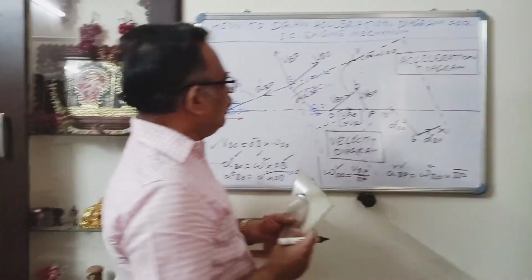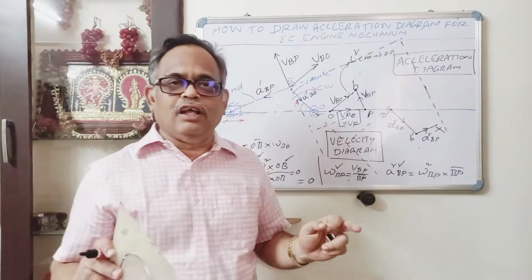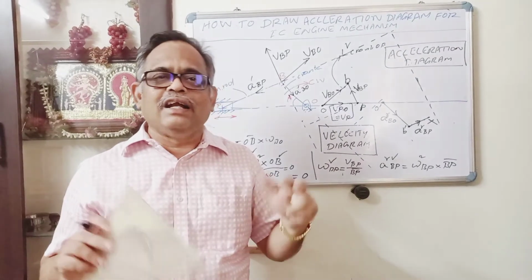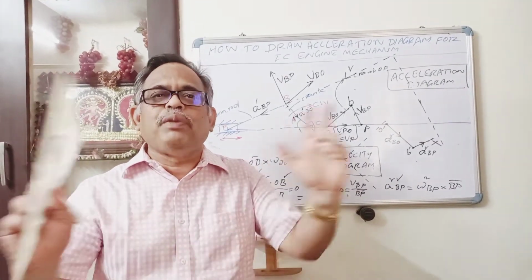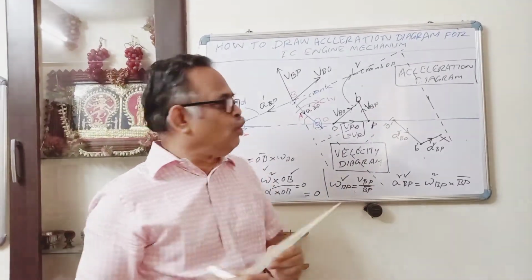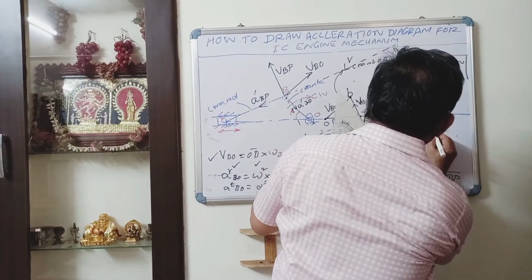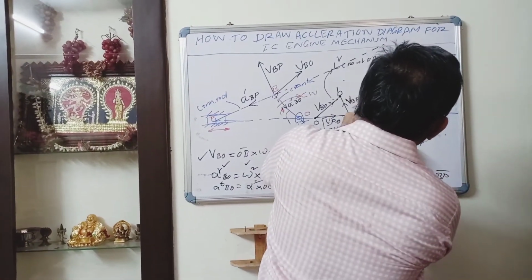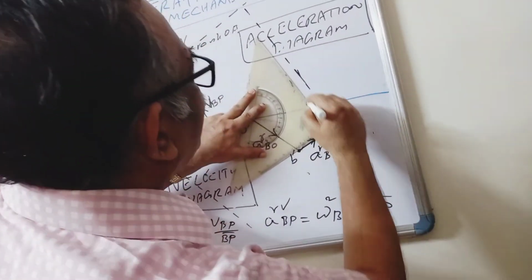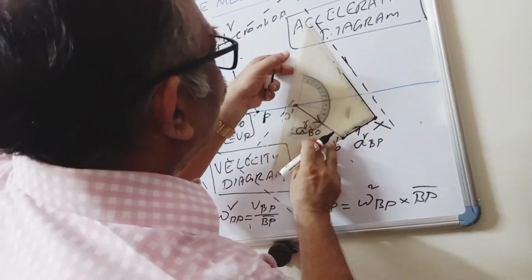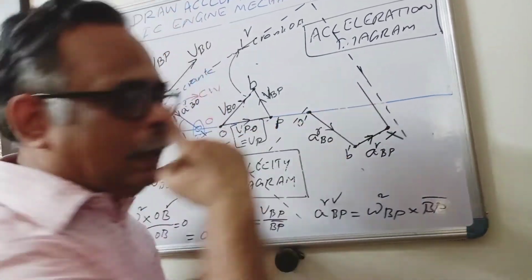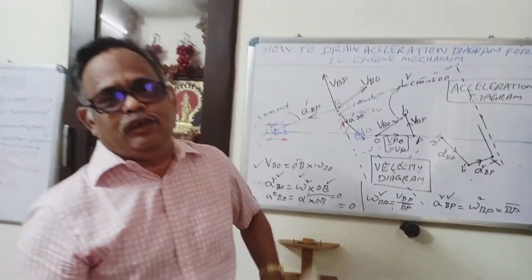Normally, radial acceleration and tangential acceleration will always be perpendicular to each other, right? So from point X, I draw a perpendicular line like this, right? So this will contain the tangential acceleration, right?